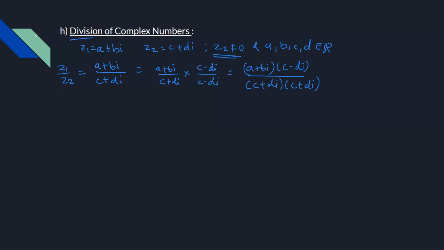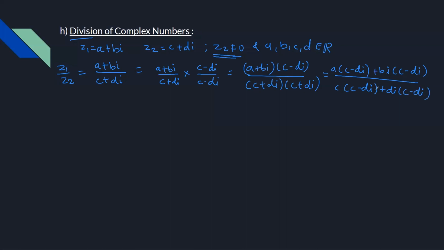Now let's solve this bracket. So what I will get: a in bracket c minus di plus bi in bracket c minus di upon c in bracket c minus di plus di in bracket c minus di.